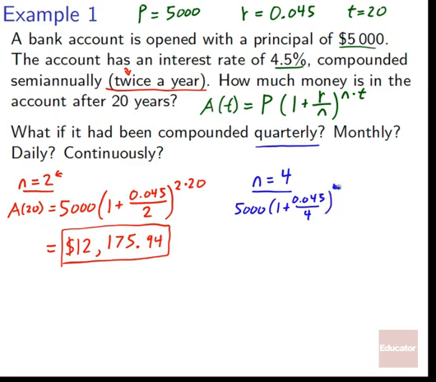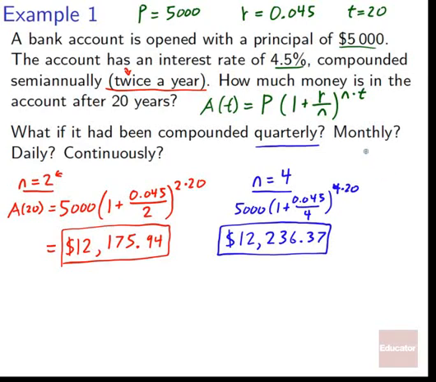That'll be 4 times 20. We use a calculator to figure this out. It comes out to $12,236.37. So notice that we wind up making a reasonable amount more than when it was compounded just twice in the year. We're making a little bit more than $50 more.